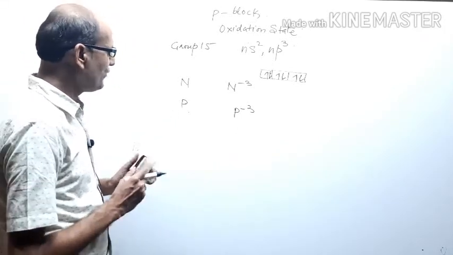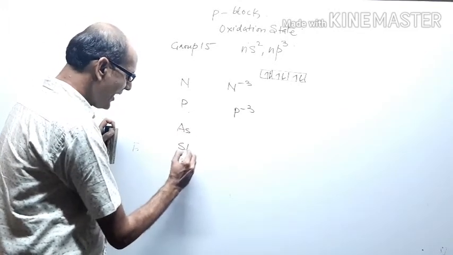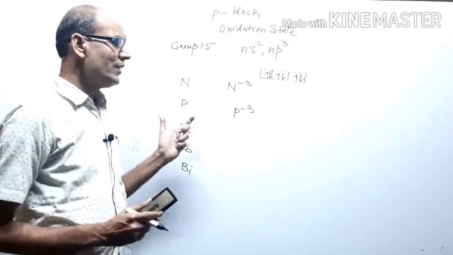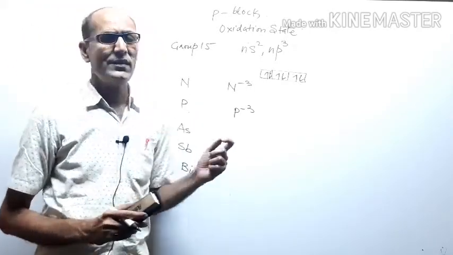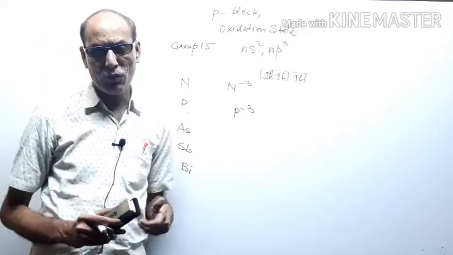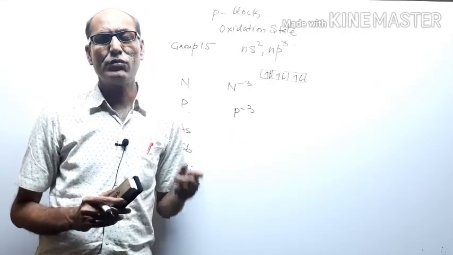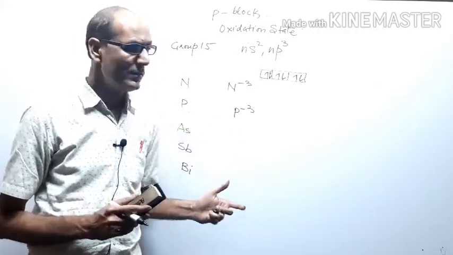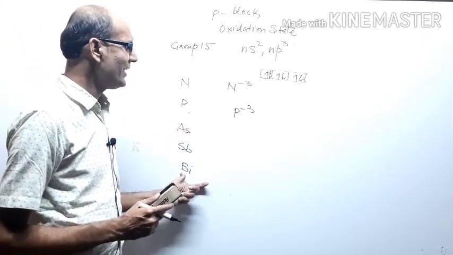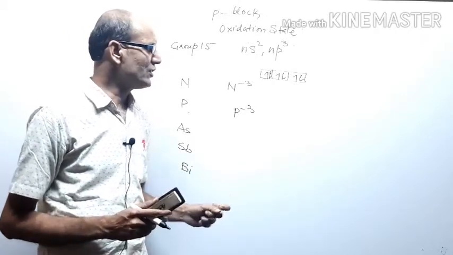But as we move downward, to arsenic, antimony and bismuth, what we observe is that they are larger in size and their electronegativities are very low. So they have very little or no tendency to gain electrons. They are unable to gain 3 electrons, and they are unable to show the -3 oxidation state.